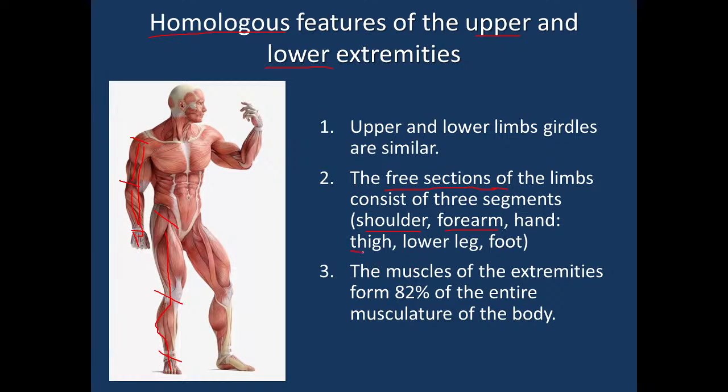In the lower limb we have thigh, this is the massive part of the lower limb, leg, and foot, which is equal to the hand. And a very interesting fact is that muscles of the extremity form up to 82% of the entire musculature of the body.